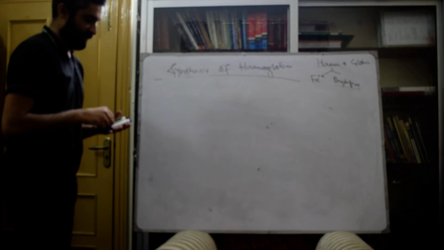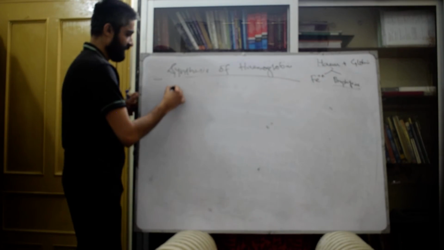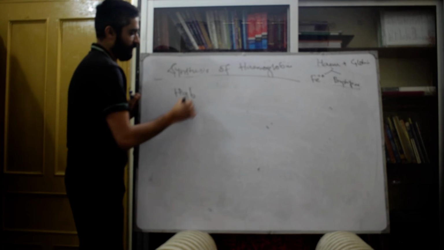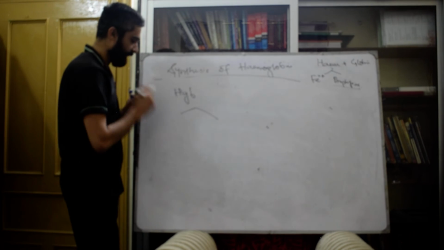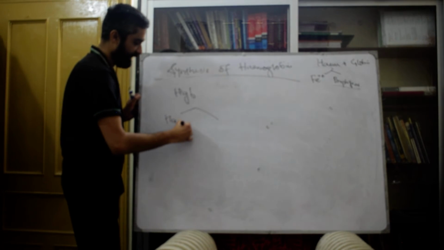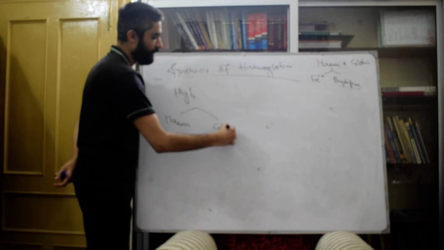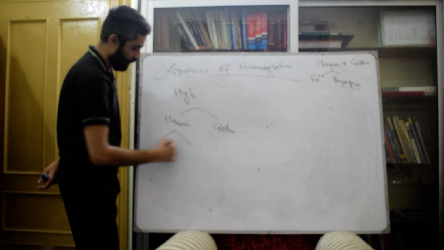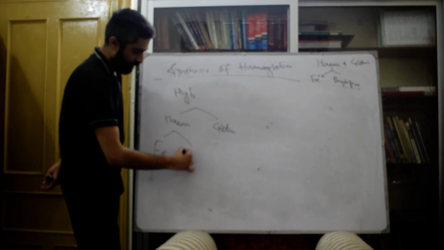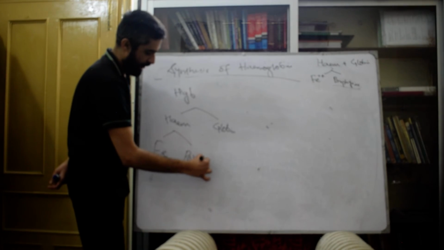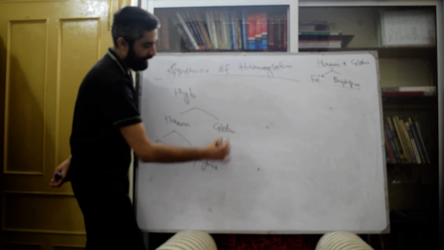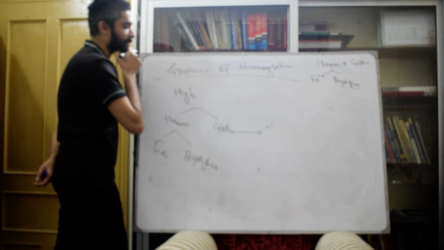By now, the last thing we have to discuss is the hemoglobin molecule. The hemoglobin molecule is divided into heme and globin. Heme is further divided into iron and porphyrins. The globin is made up of amino acids.